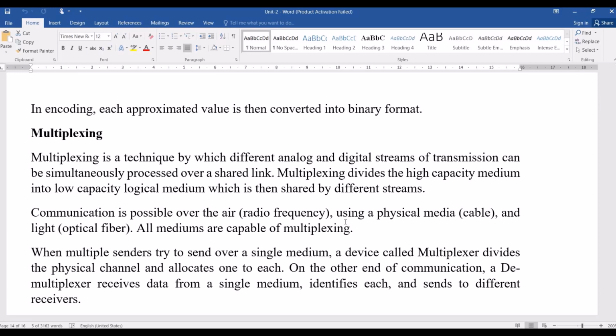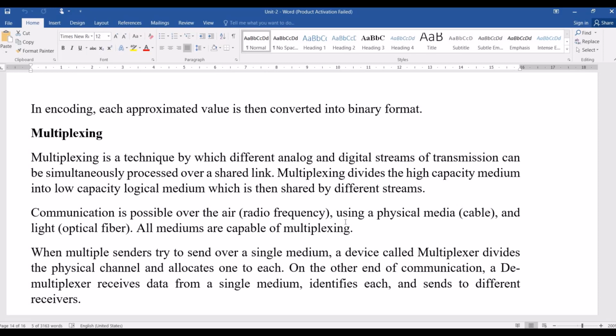So in the encoding, it is represented as this binary value. That is the thing involved in pulse code modulation, PCM, in analog to digital conversion.